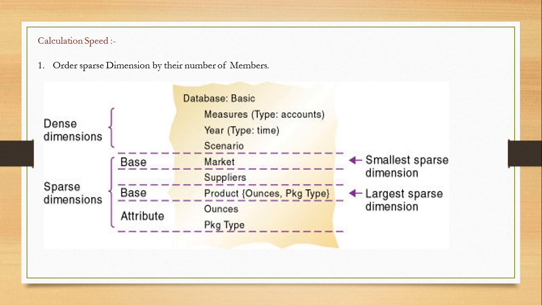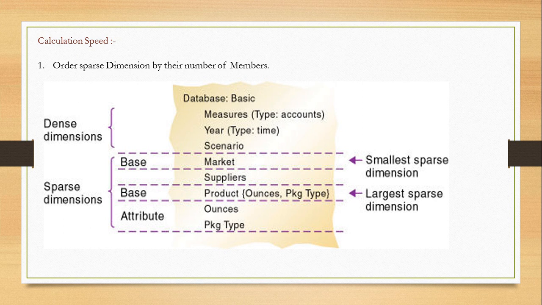So we will order the smallest sparse dimension first, meaning the dimension having the smallest number of members would be kept at number 1, then another sparse dimension having more members than the previous one, and so on. So we will sort it in ascending order of number of members.